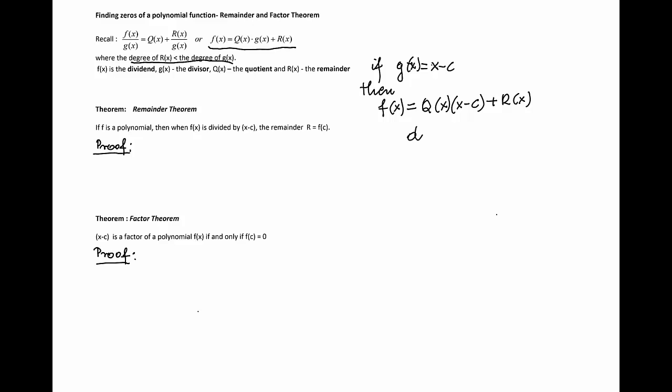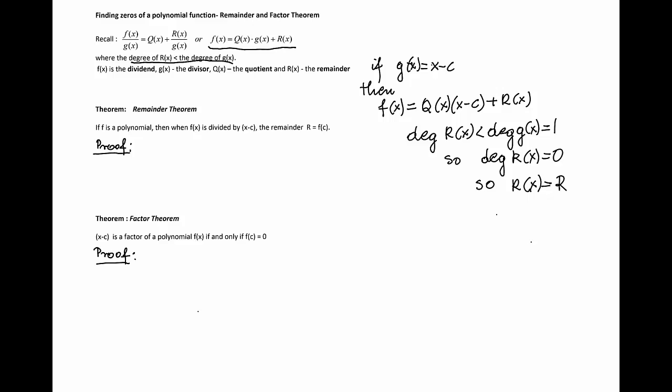However, the degree of r of x is always less than the degree of g of x, but the degree of g of x is simply 1. So that means that degree of r of x has to be 0, and that means that r of x is a constant, and therefore we'll just skip the x and just write r.